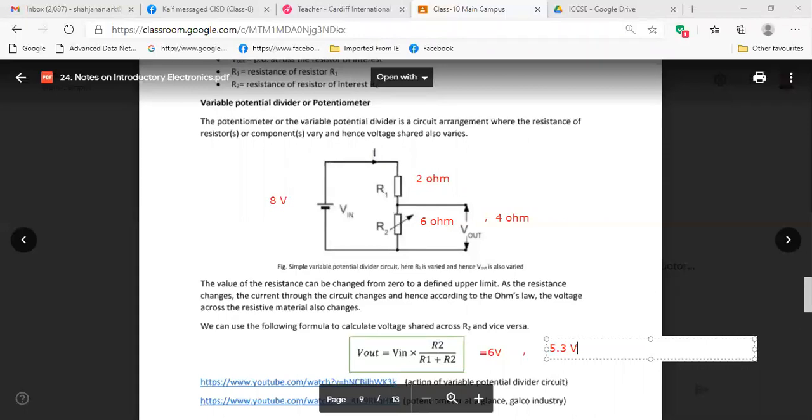Yes, sir. Okay, this is 5.3 volt. So we see that by changing the resistance, we can change the output voltage. If this one is getting 5.3, then how much is R1 getting?